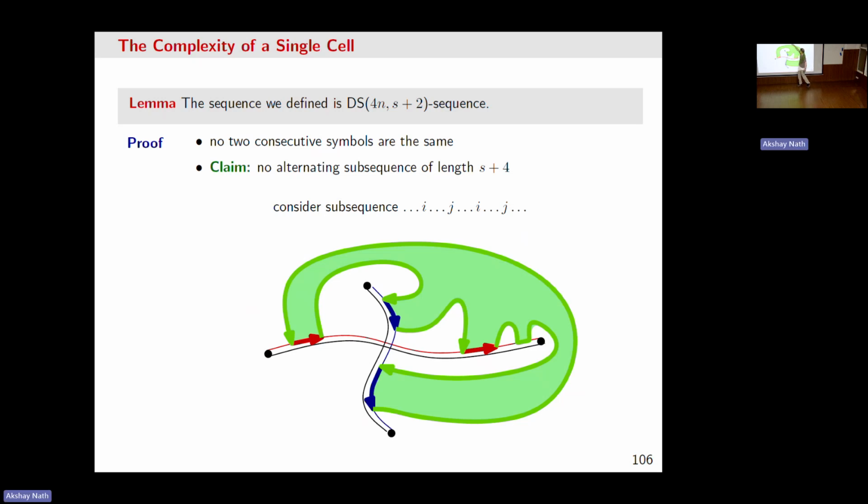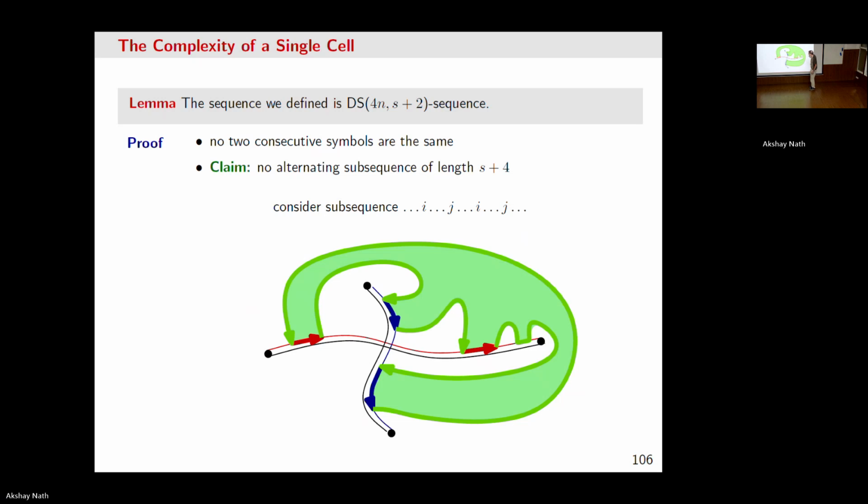So there's an intersection here. Okay, if s equals 2, maybe you could add something, but then there would be an intersection here, and that way the total number of alternations is not more than s plus 4. So why is there an intersection? So here you see this picture.